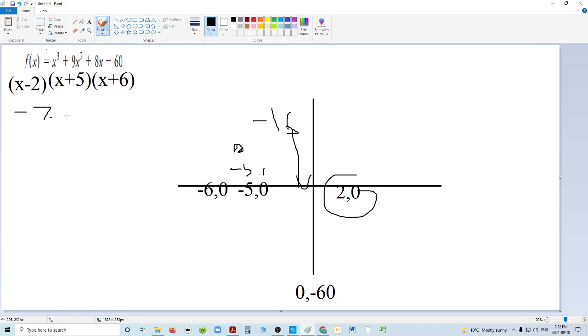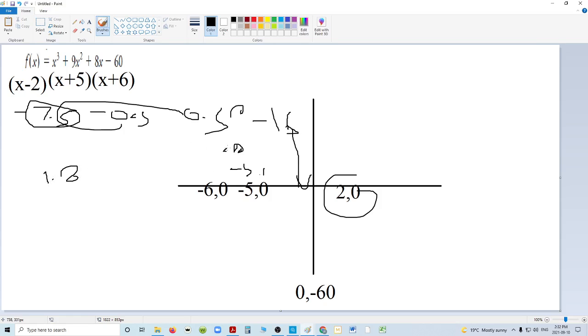Negative 7.5 times 3.5, negative 0.5 times 0.5. Actually, no, it's going to be quite small. It's going to be up here, though. It's going to be half of 7.5 and half of that. So it's going to be around, what is 3.75 and half of that? It's going to be around 1.8 peak.